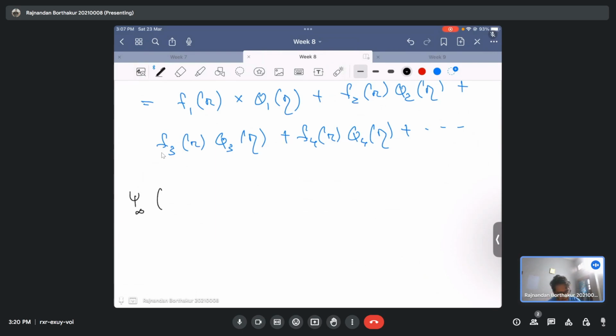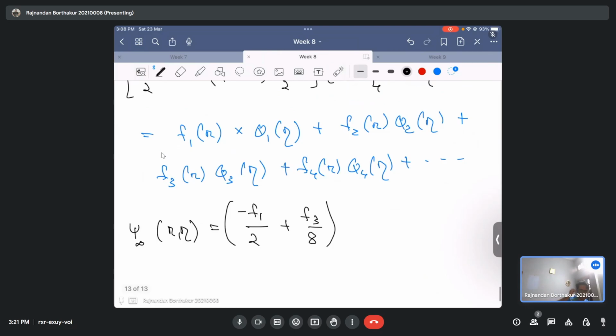So psi infinity as a function of r comma eta can be written, in terms of q1, q2, q3 and q4, as something like this: minus f1 by 2 plus f3 by 8, where f1, f3 are all functions of r, as you have seen.